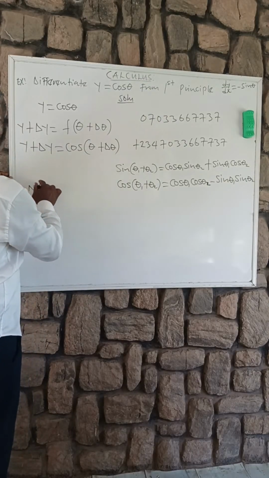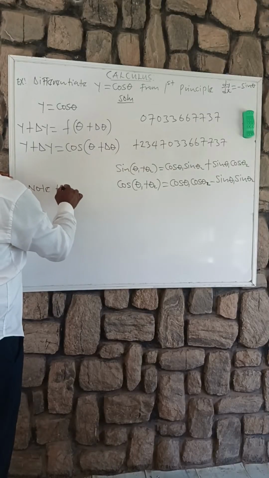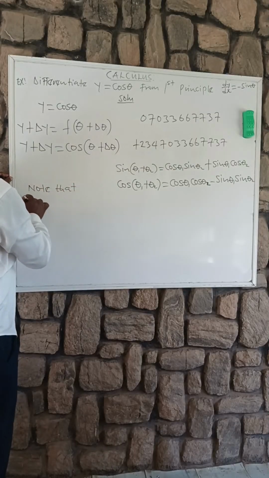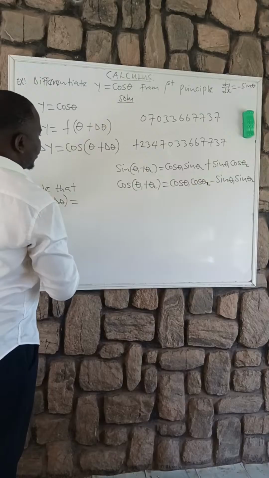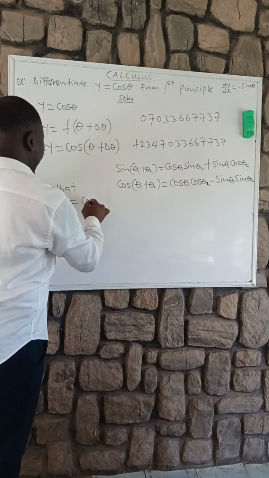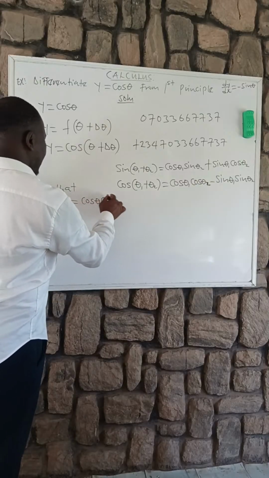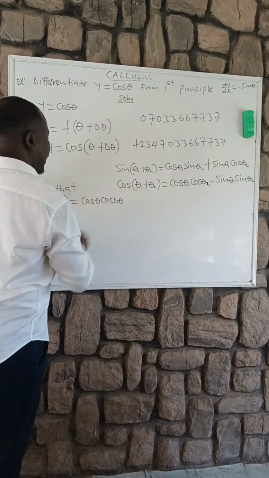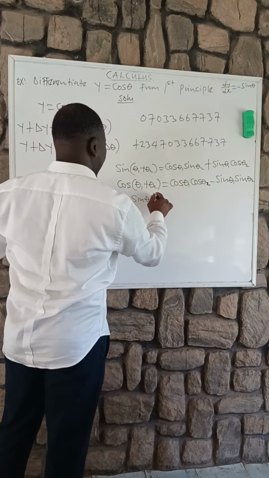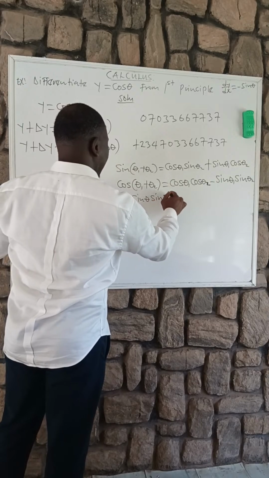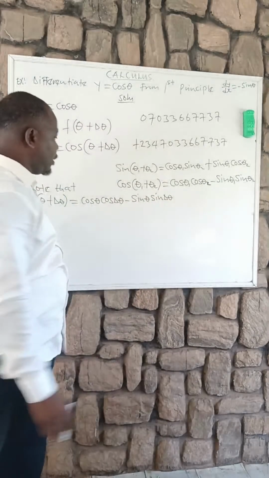Note that we go back to our trig identities. Our cos open bracket theta plus d theta is equal to cos theta times cos d theta minus sin theta times sin d theta. Amen? Okay.